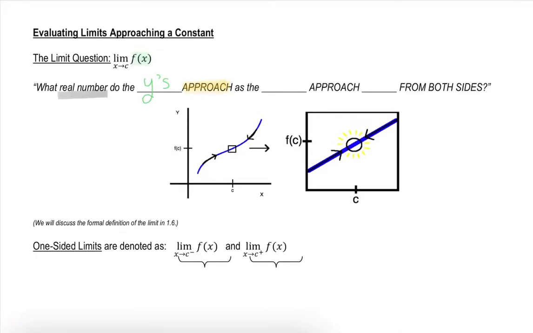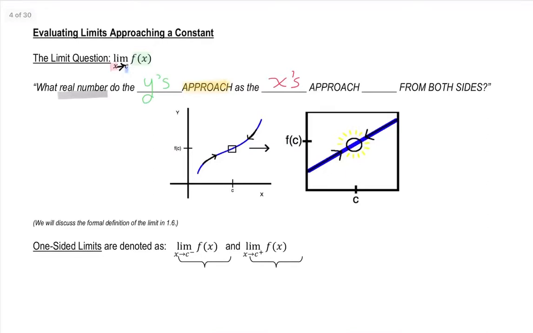So what real number are the y values approaching as the x's? Now we're talking about our x values. As the x's approach, that's the arrow, as the x's are approaching this number c.